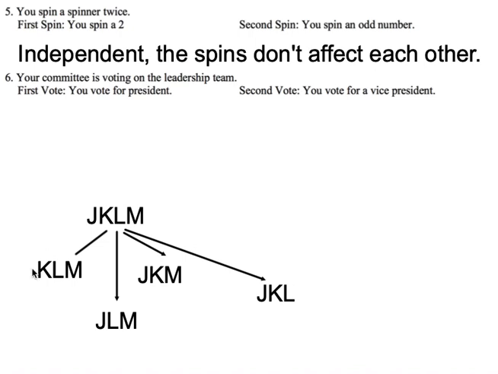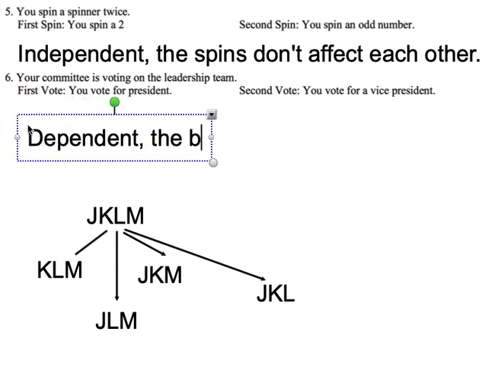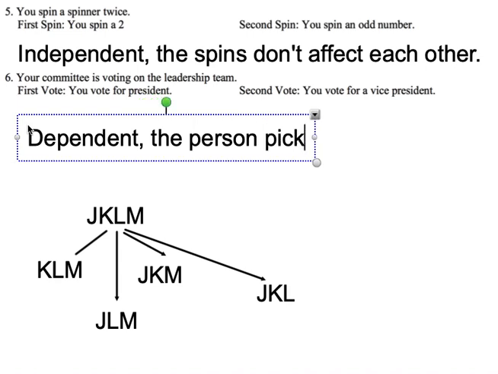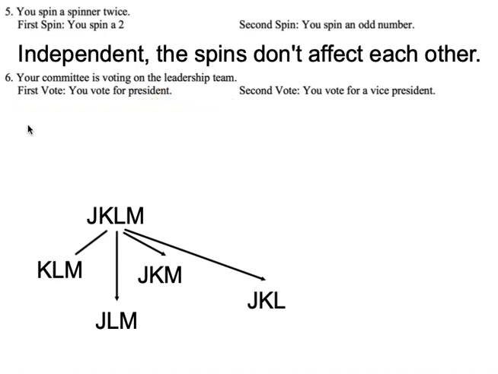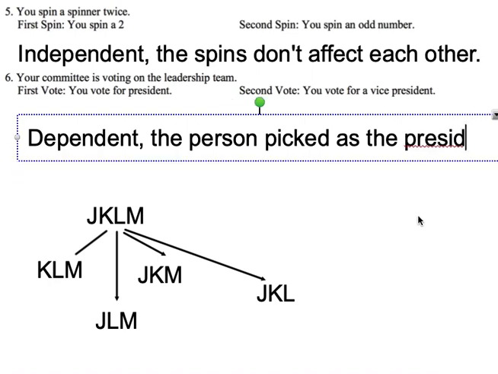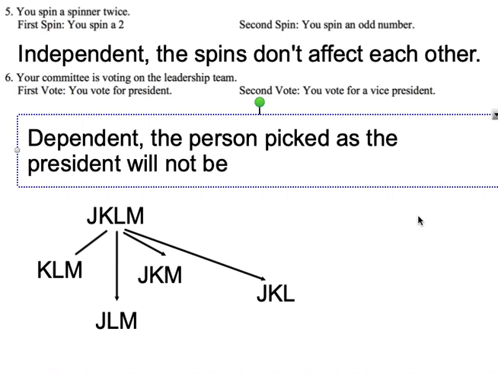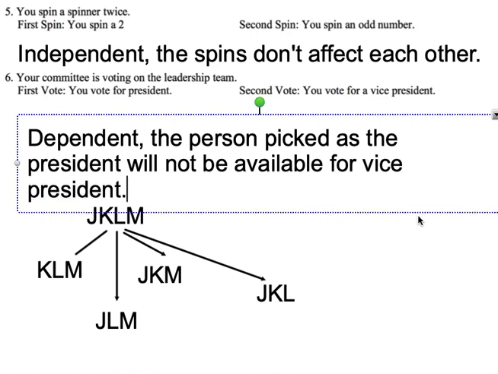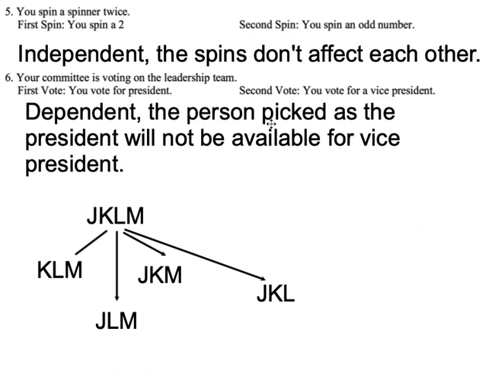And depending on who it was, it changes who is available for vice president. So this is definitely dependent. The person picked as the president will not be available for vice president. So definitely a dependent event there.